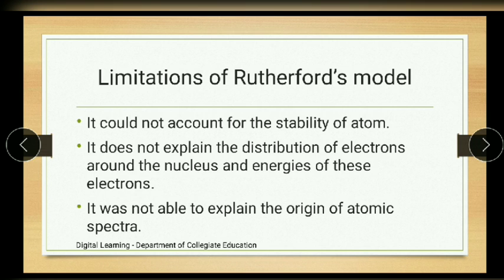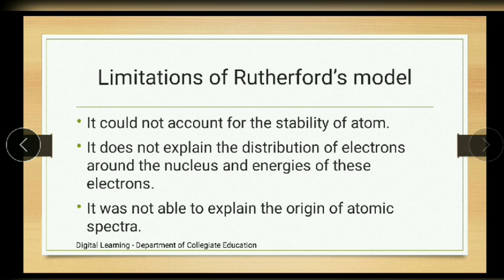But this model also has certain limitations. It could not account for the stability of the atom, and it does not explain the distribution of electrons around the nucleus and the energies of these electrons. And one more: it was not able to explain the origin of atomic spectra.